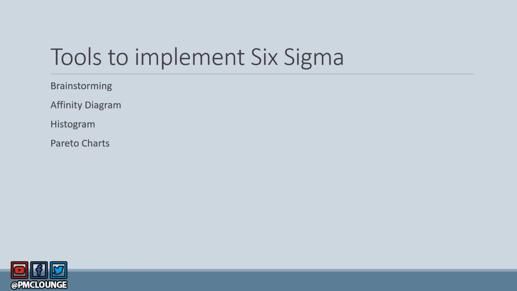So these are some of the tools that are used to implement Six Sigma. For someone who is already preparing for PMP, you might already be aware of these topics: brainstorming, affinity diagram, histogram, and Pareto charts. These are some of the tools that are used when it comes to Six Sigma.